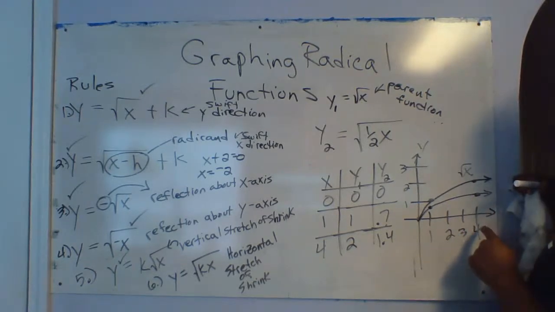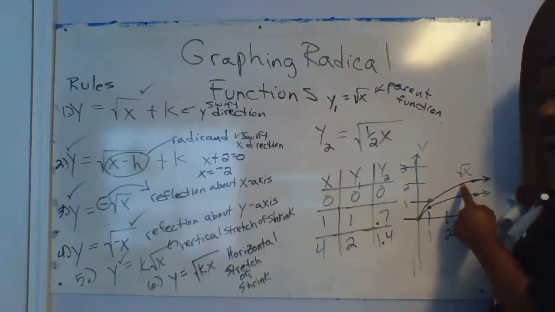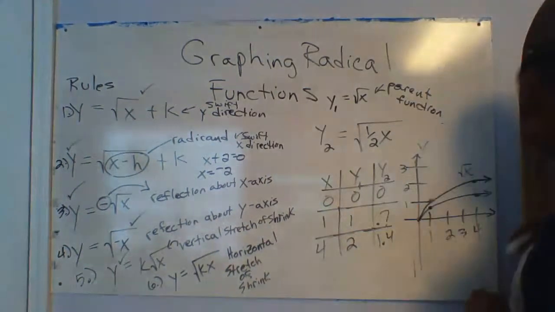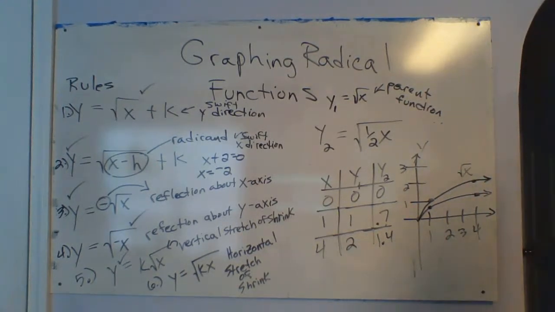So if I wanted to get to this point here, my x value is smaller, and I get there in a shorter time. So that's why they call it a horizontal shrink. I'm sorry, that's a horizontal stretch. It's a horizontal stretch. So did I graph this right?